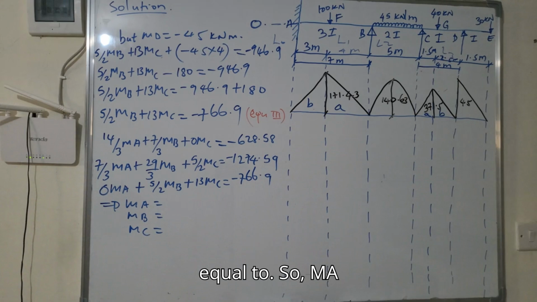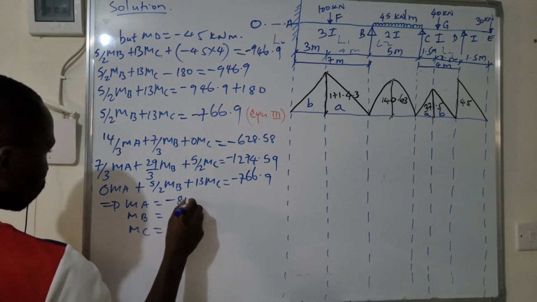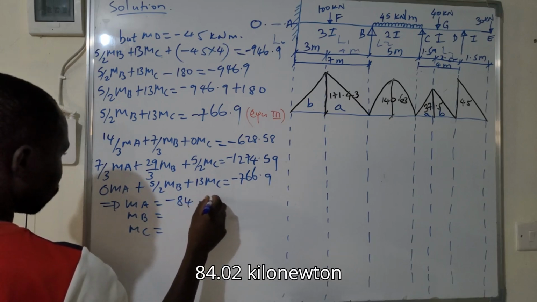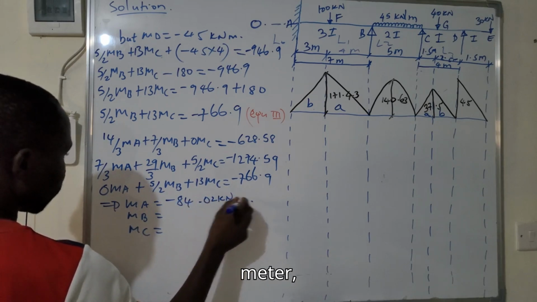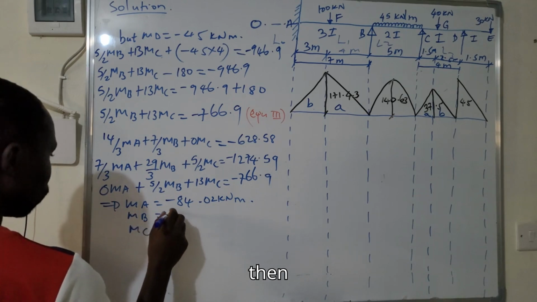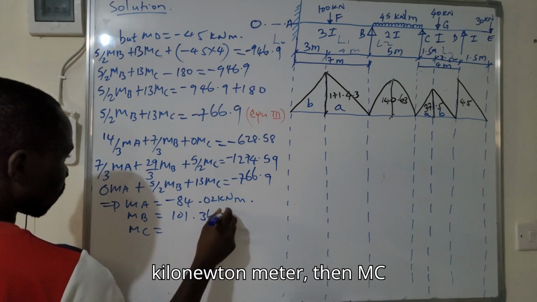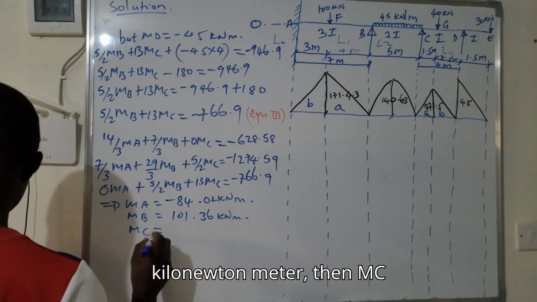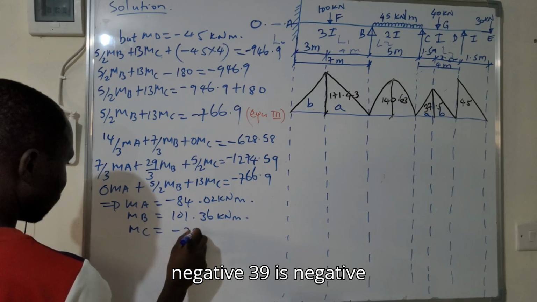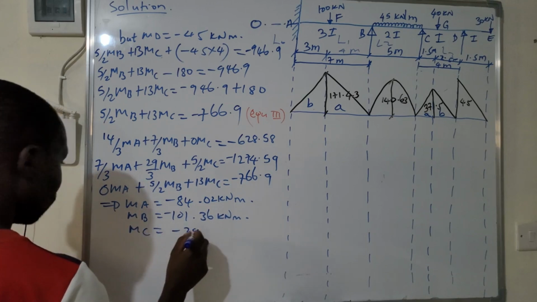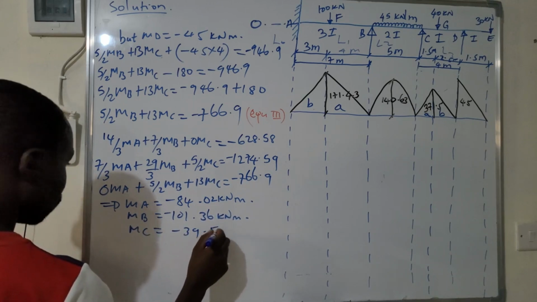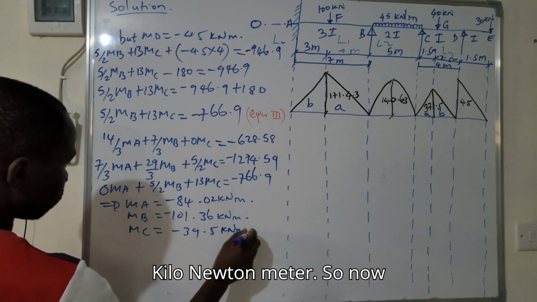MA is equal to negative 84.02 kilonewton meter. Then MB is 101.36 kilonewton meter. Then MC is negative 39.5 kilonewton meter.